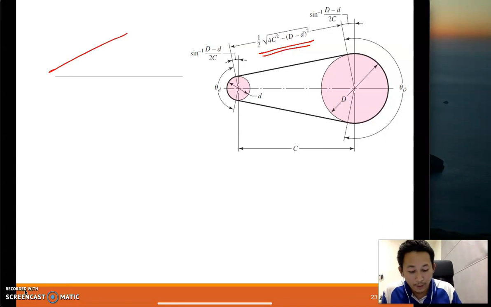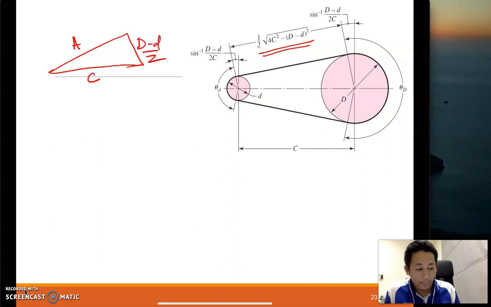From the previous figure, we have A, C, and also D minus d over 2.